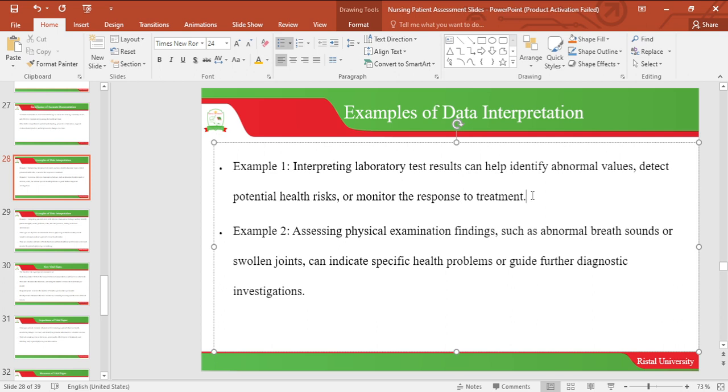Maybe the values are normal, then the patient may be telling you that he's not feeling okay. Example number 2 is assessing physical examination findings, such as abnormal breath sounds or swollen joints, which can indicate specific health problems or guide further diagnostic investigation.